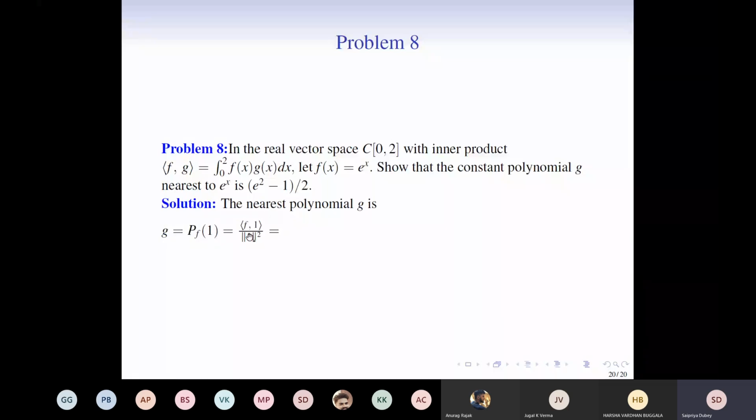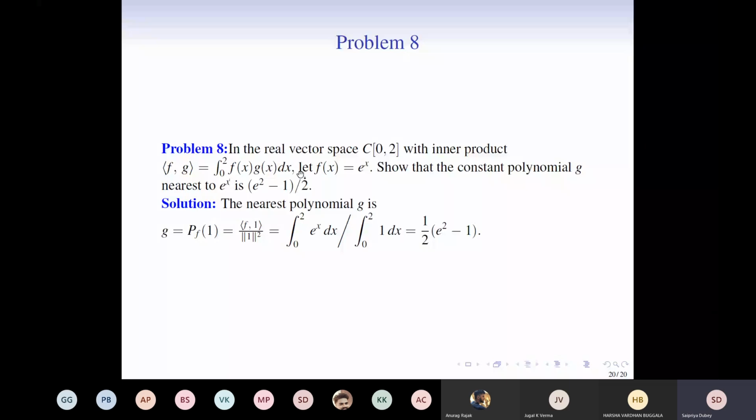P f = <f,1> upon norm of 1 squared, where f is the function of which we have to find the constant polynomial. The inner product is defined in this way, so we just plug that in. The inner product of f and 1, with f equal to e raised to x, makes the numerator the integral from 0 to 2 of e to the x dx.